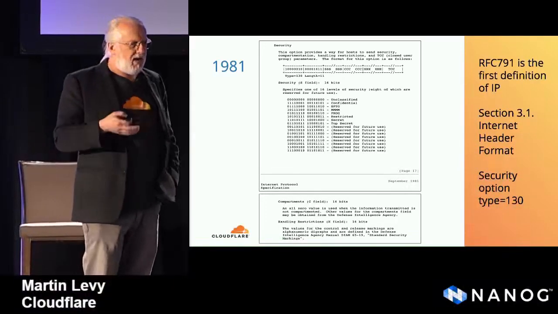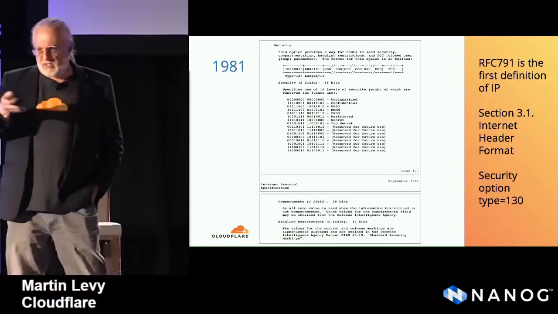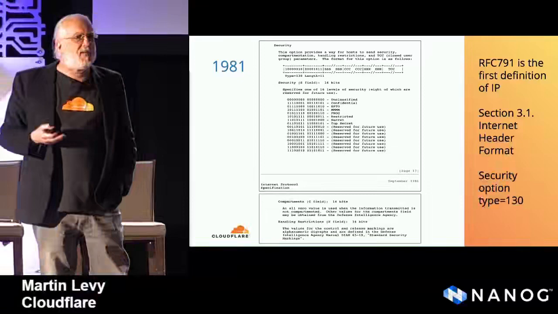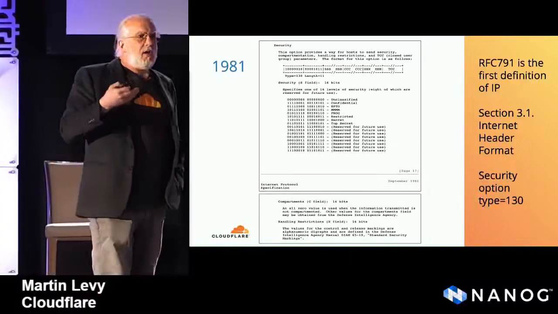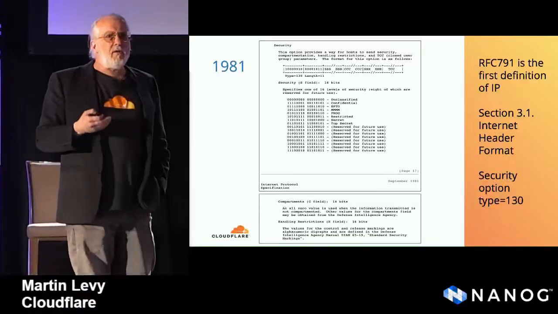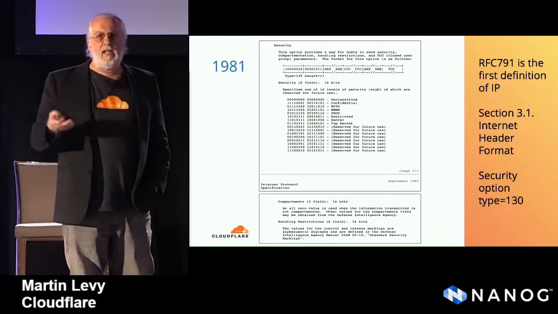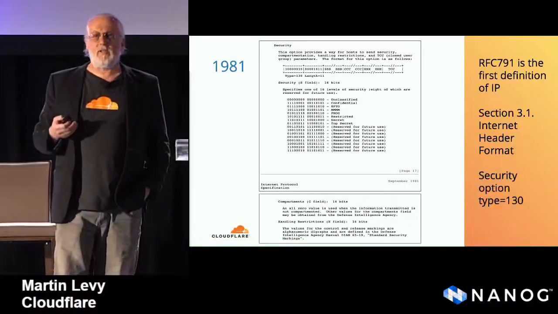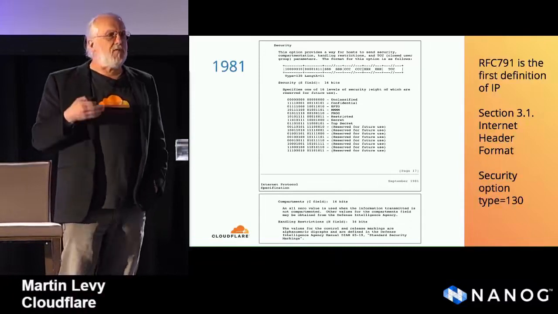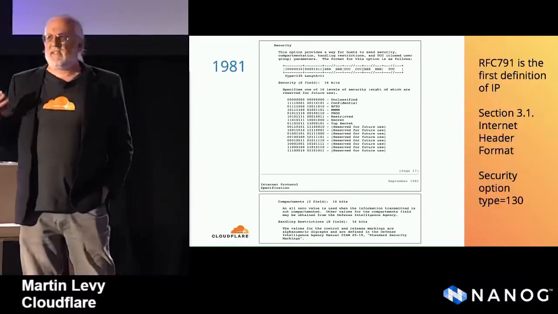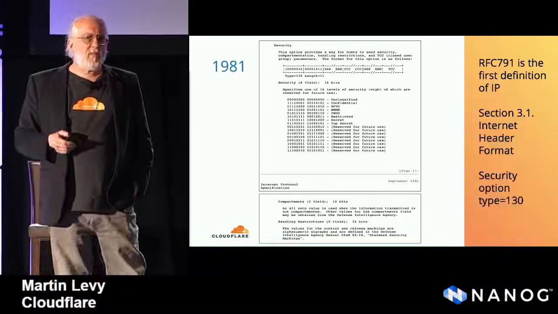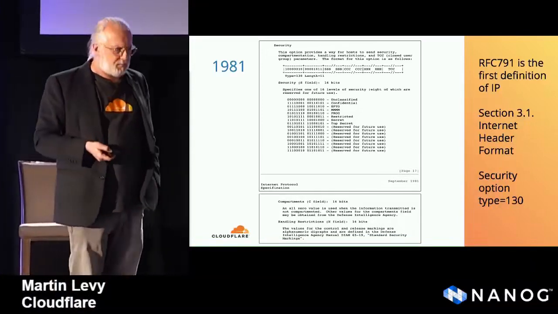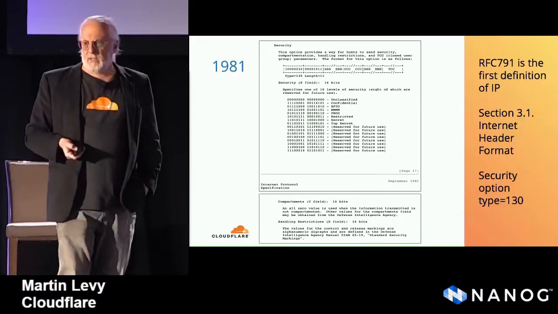Section 3.1 has security options and lots of bits, and I'm sure some people have actually read this, because in fact your include directory on any Linux box or BSD box or equivalent has a whole bunch of include files with this defined in it. And yet basically no code ever uses it. Definitely no applications.